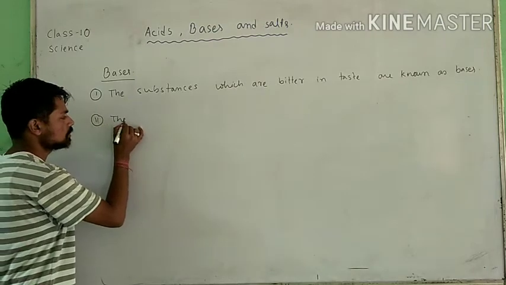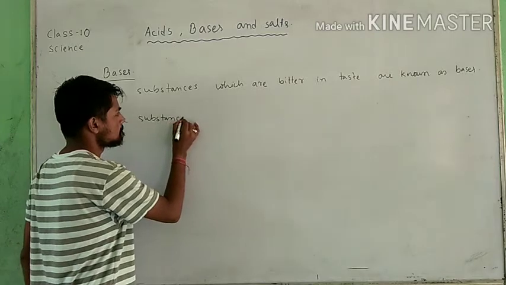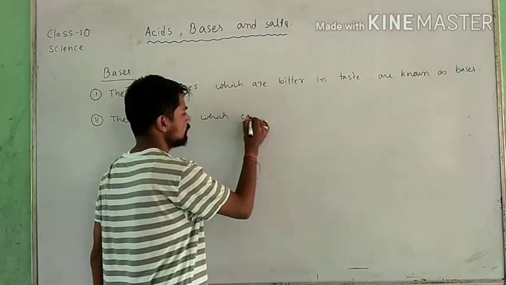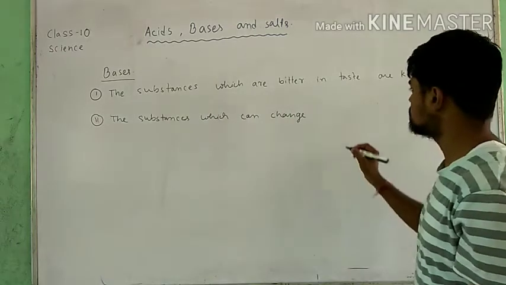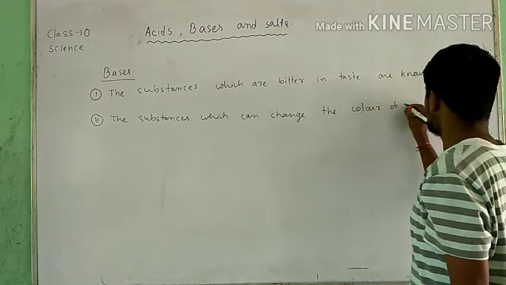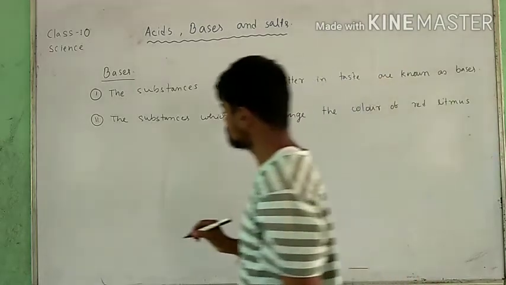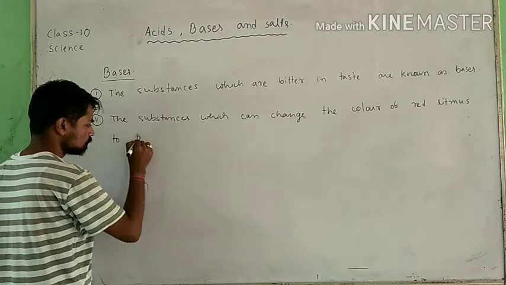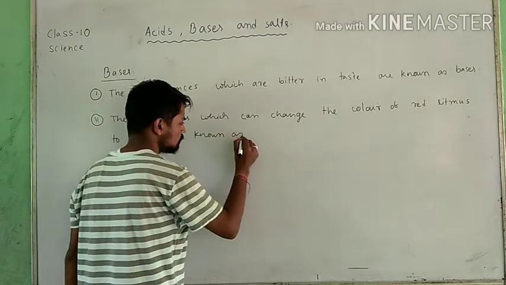Again, the substances which can change the color of red litmus to blue are known as bases.